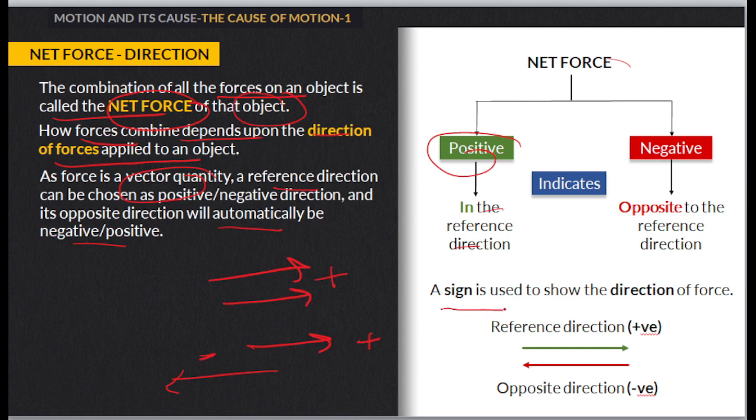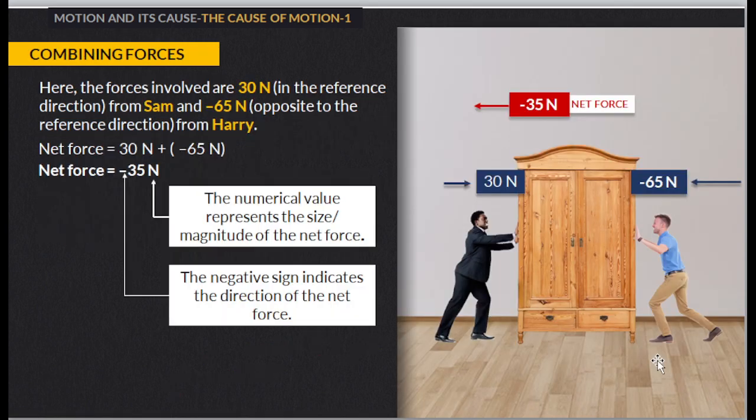So a sign is used to show the direction of force. It depends on us what we choose as our reference direction. If that is positive, the other one would be negative.